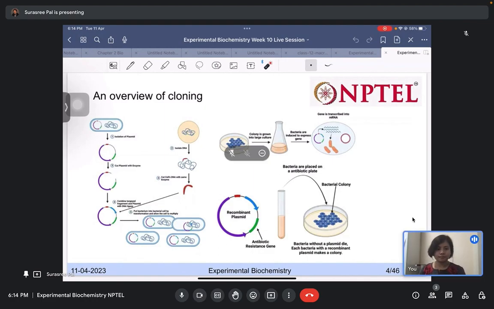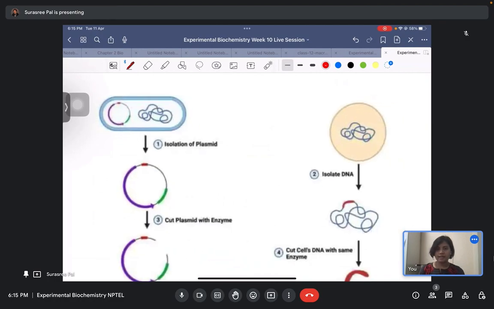Okay. So, what is gene cloning? Let's talk about it step by step. What we first do is isolate the plasmid from a bacterial strain.